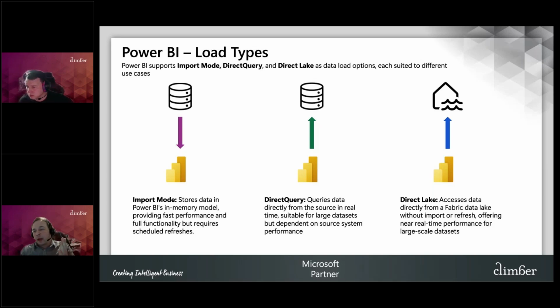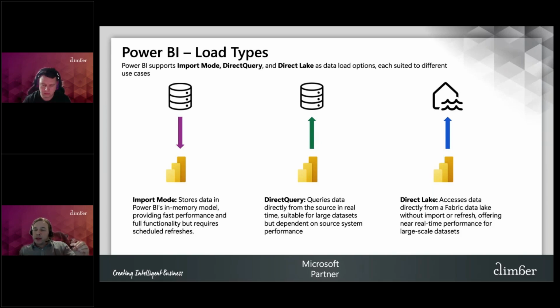And then with Fabric, we get an extra mode called Direct Lake mode. Once we've moved all of our data through that Medallion architecture and into a gold data warehouse, we can use Direct Lake mode to point at that gold data warehouse where we've already predefined what the data model should look like. So the semantic model is already built.